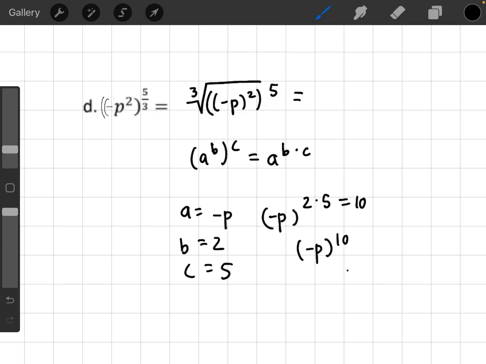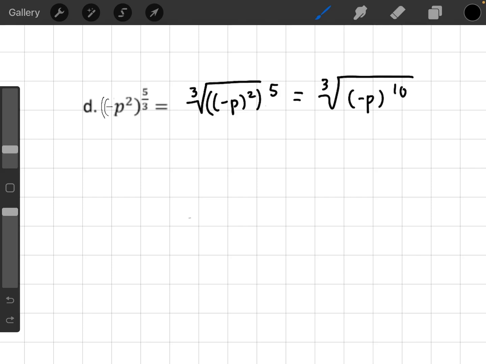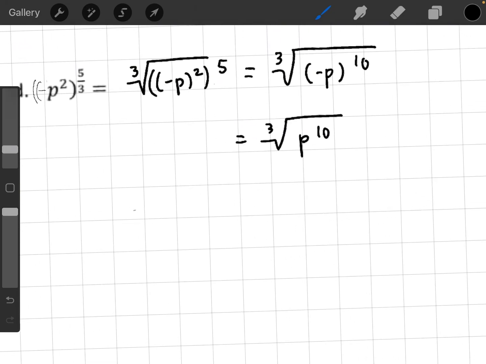So when we simplify, we'll have the cube root of negative p to the power of 10. One rule about exponents is that if the a value is negative, if it's less than 0, and it's being raised to an even power, the result will always be positive. So here, as we're raising negative p to the power of 10, 10 is an even number, we can rewrite this as the cube root of just p to the power of 10, because we know that the outcome will be positive no matter what.